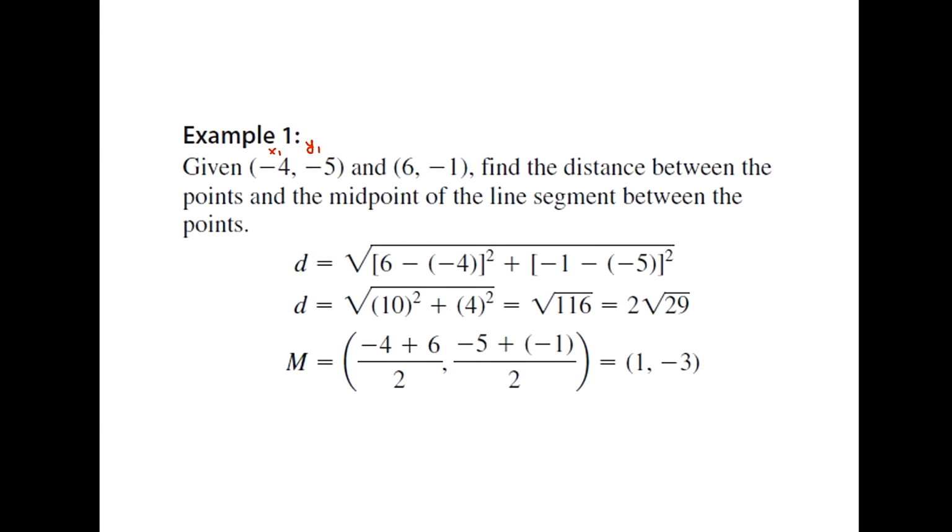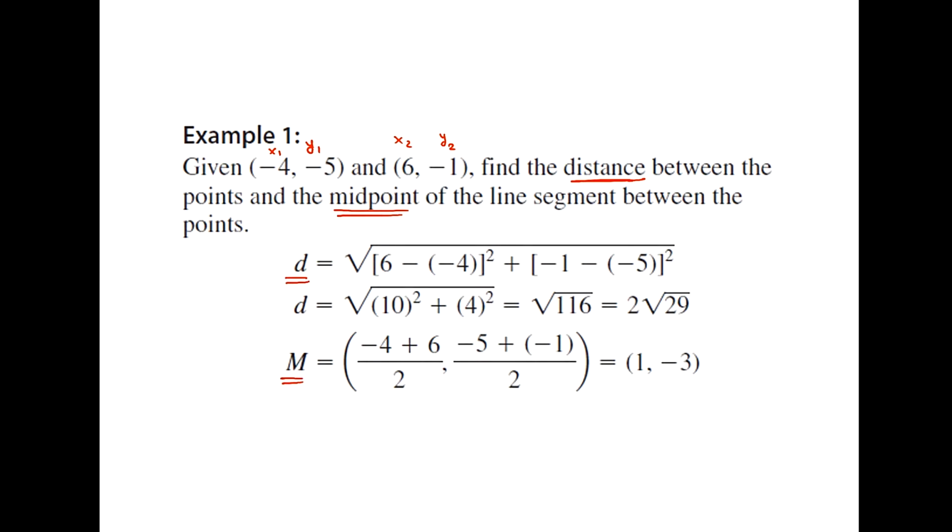And another point is 6 and minus 1, this is x2 and this is y2. Find the distance between the points, this is d, and the midpoint, this is m.